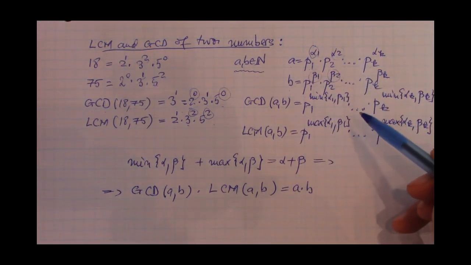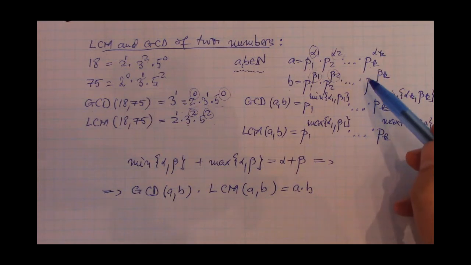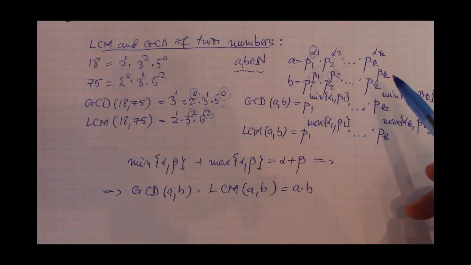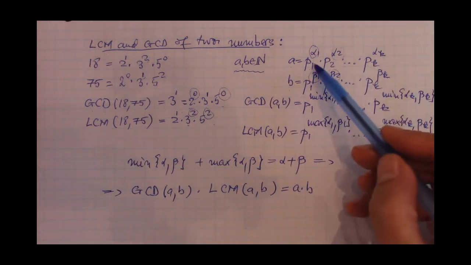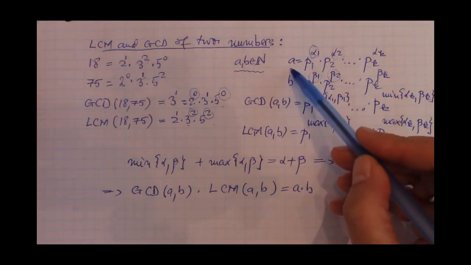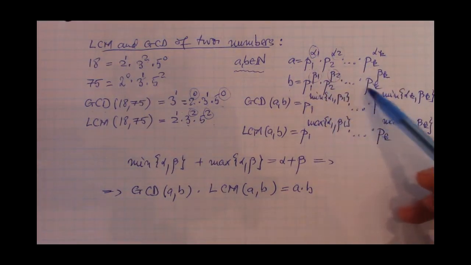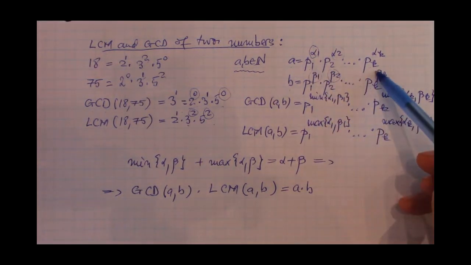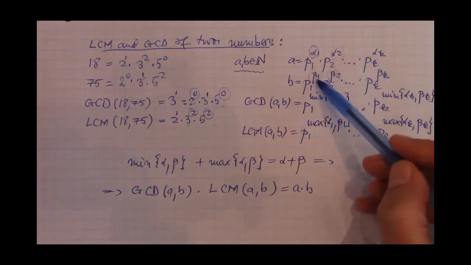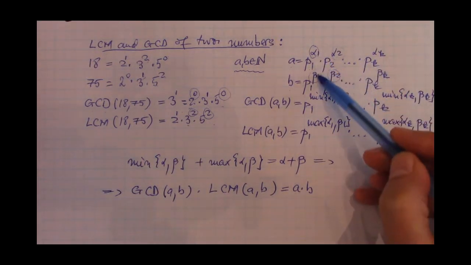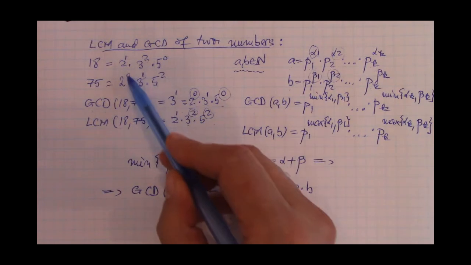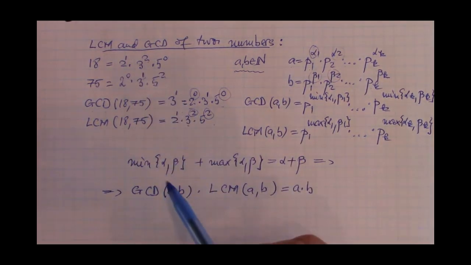Remember, we did not allow powers to be 0 in the fundamental theorem of arithmetic because that would completely destroy the uniqueness of the prime factor decomposition. But now we want A and B to be written in this shape where we use the exact same prime factors, and we relax the conditions on alphas and betas by allowing some of them to be 0, just like we did with 18 and 75.